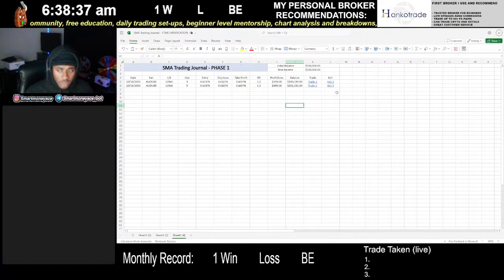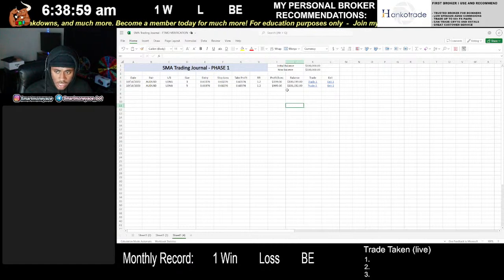Because if I'm on a 100K account, 1% of 100K would be 1K, correct? So if I was risking 1K, I'd have to use a 10 lot. Half of that is a 5 lot. So I was risking around half. And then I had a 1 lot just to compensate for the swap charges.